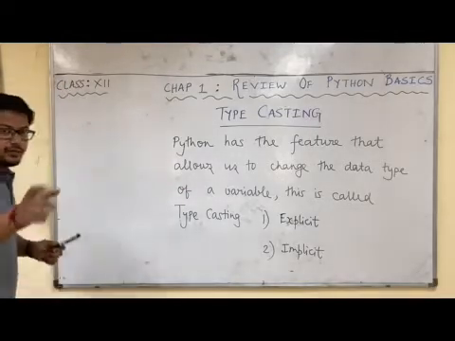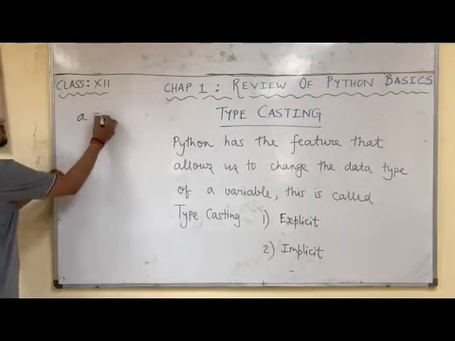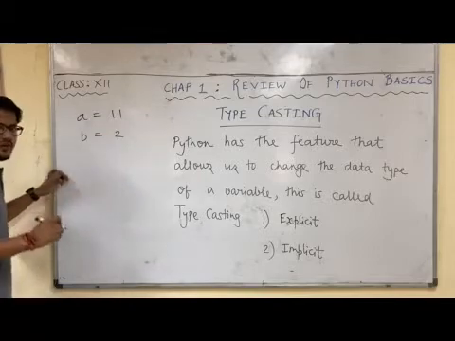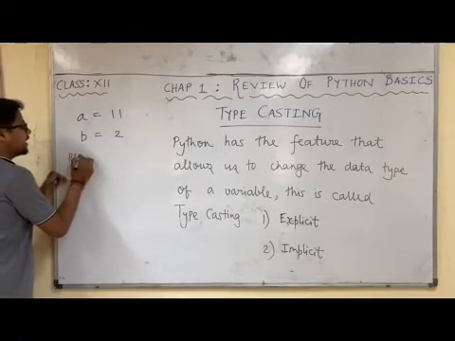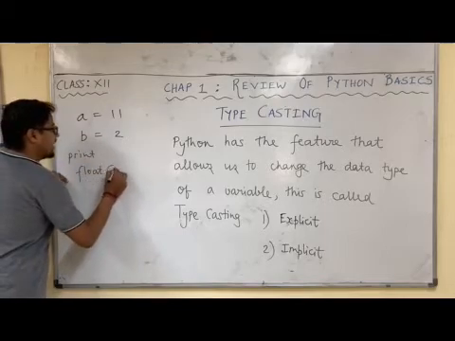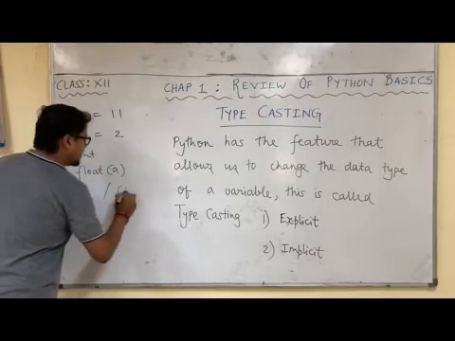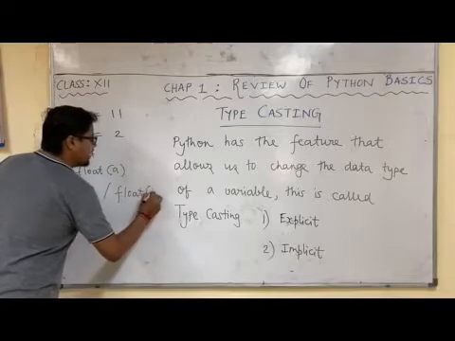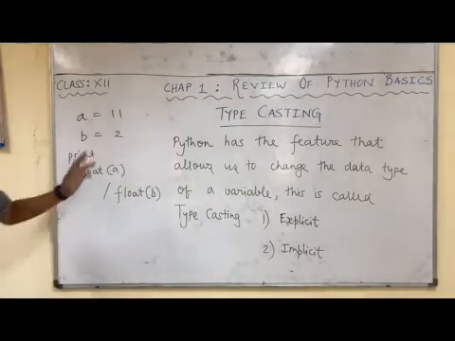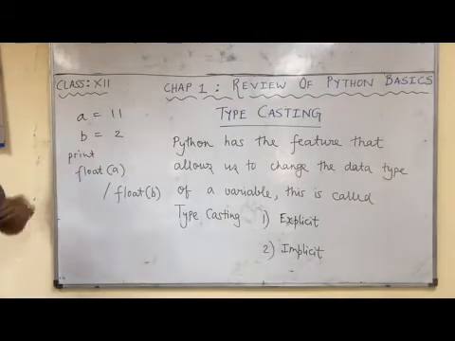Just wait. If you remember this, A equal to 11, B equal to 2. What were we doing before dividing? Print float of A divided by float of B. I hope you remember this from 11th standard, students. So these A and B are of what type? They are of integer type.